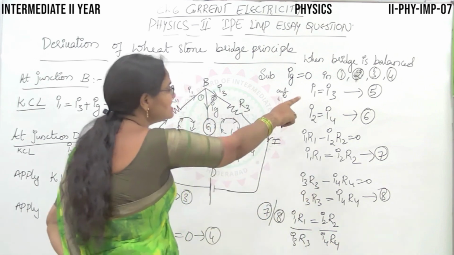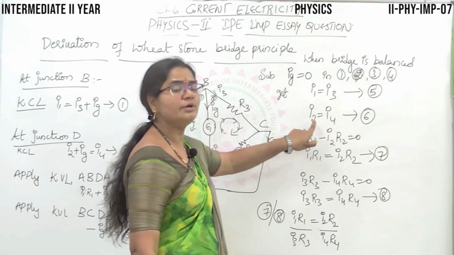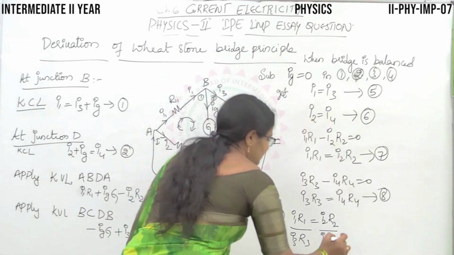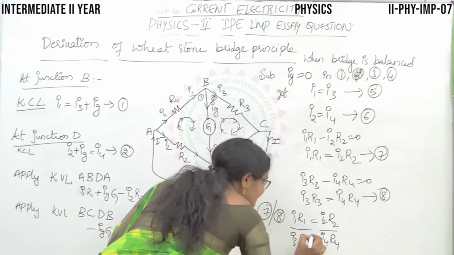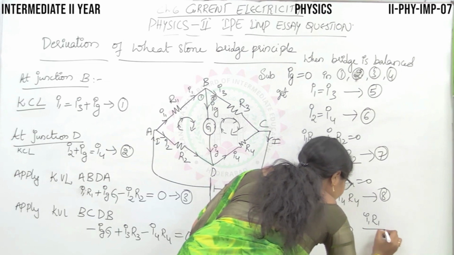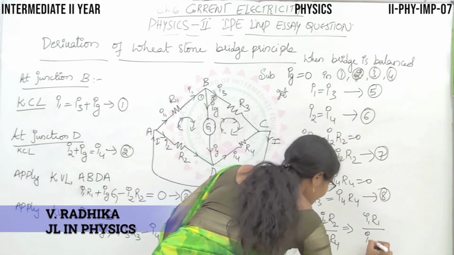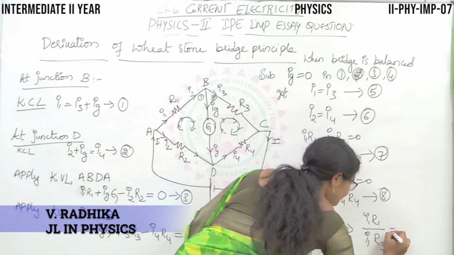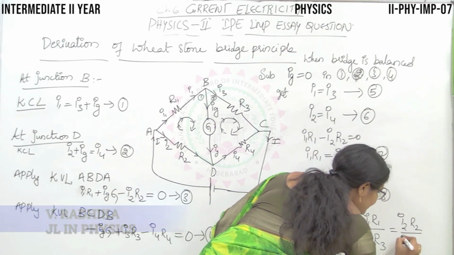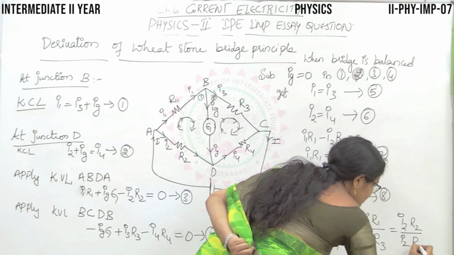Now, from conditions 5 and 6, we have I1 equal to I3 and I2 equal to I4. Just substitute those here. For I3, I am substituting I1 from condition 5. Similarly, for I4, I will substitute I2 from condition 6. So what are you supposed to get?